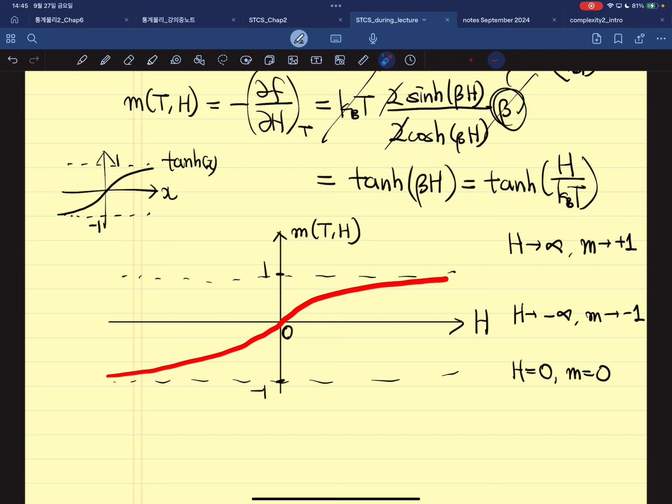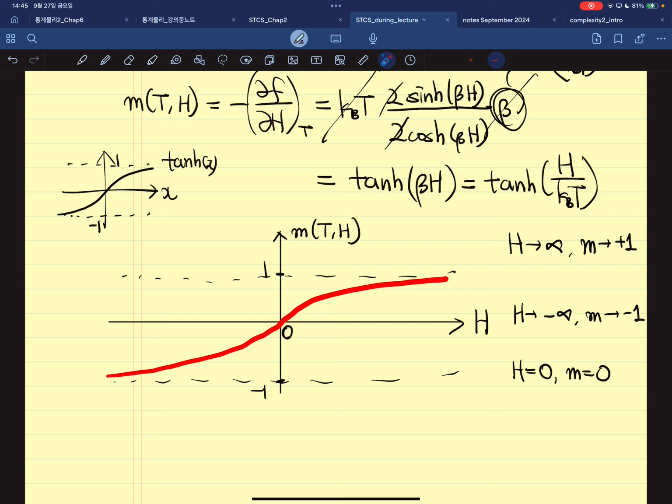Then what about the role of the temperature here? Well, the temperature is in the denominator inside the hyperbolic tangent function.